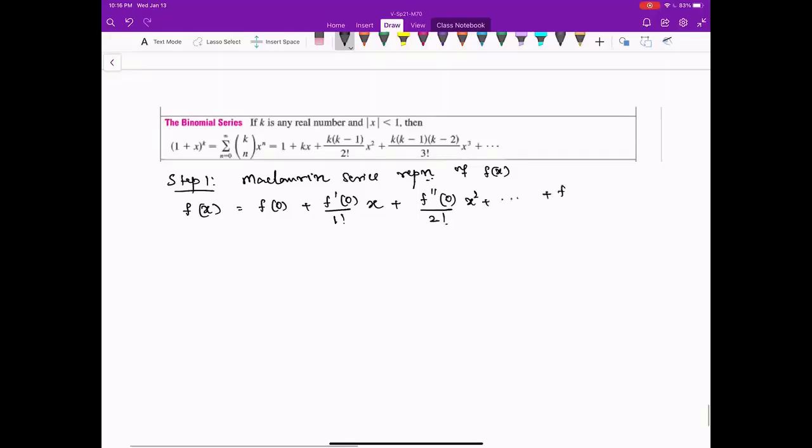The generic term is going to be nth derivative at 0 over factorial n x to the power n, and so on. What is f of x here? f of x is given to be 1 plus x to the power k. So 1 plus x to the power k, if I write this whole thing in sigma notation, is sigma n varying from 0 to infinity, the nth derivative of f at 0 over n factorial times x to the power n.